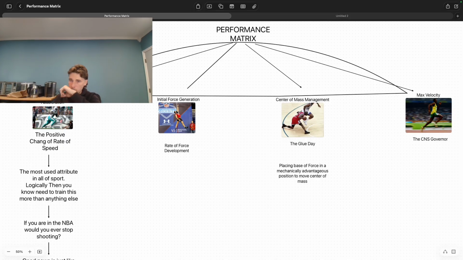Same thing, if I was a pitcher and I wanted to increase my max velocity, or I wanted to increase how hard I throw a baseball, I'd go to max velocity. I would try to increase my CNS governor, because a max velocity is a much harder stimulus on the body and a much more complex stimulus than throwing a baseball is. It requires every single muscle fiber to fire in sequence on time with a lot of force.